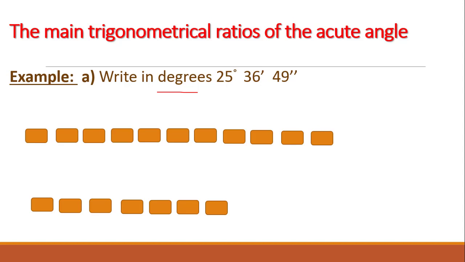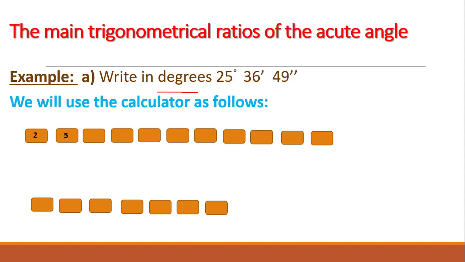At first, I write the first number 25 on the calculator. Then I press the degree button. Then I write 36 and press it again. Then I write 49 and press the degree button again.